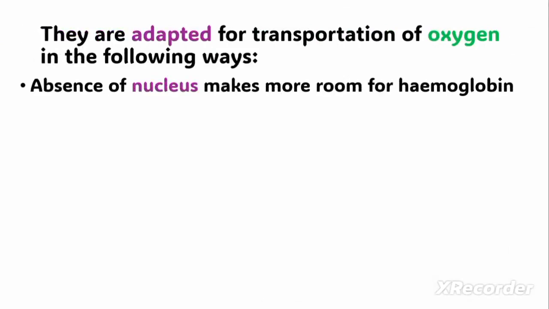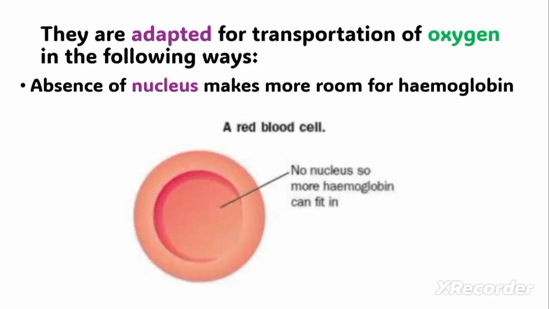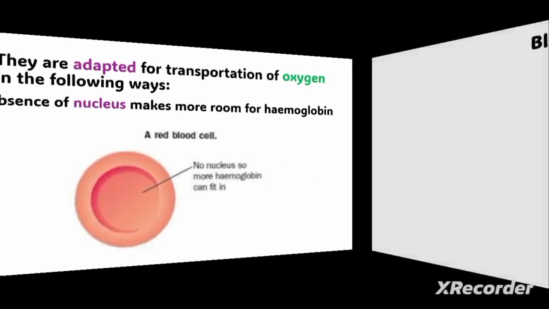The next adaptation is the absence of a nucleus, which makes more room for hemoglobin. The absence of a nucleus leaves behind room that is occupied by hemoglobin. We have seen that hemoglobin is very important in the uptake, or attraction, of oxygen.